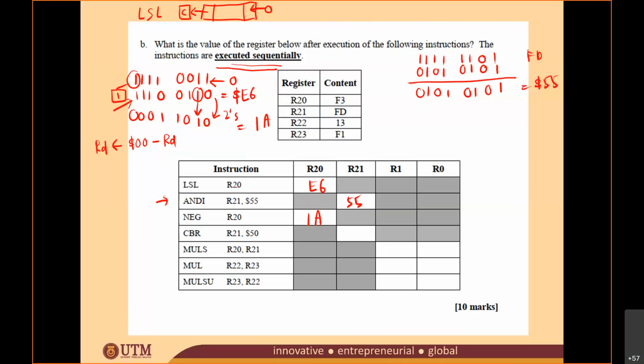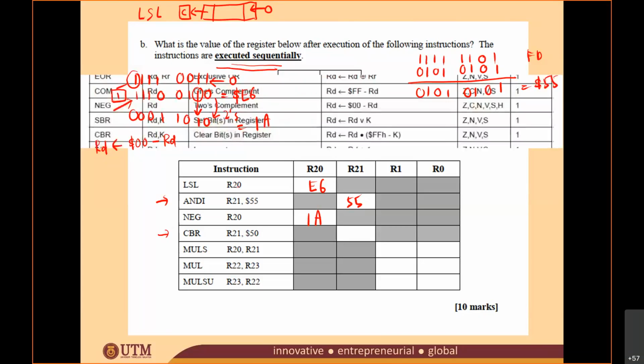Okay, next we go to the CBR. The next instruction is CBR R21, 50. So R21, what is R21? The current value of R21 is 55. Okay, and then you're going to do the CBR. So what is the CBR? Okay, mana kita punya CBR? Tak nampak ya? Okay, this is your CBR.